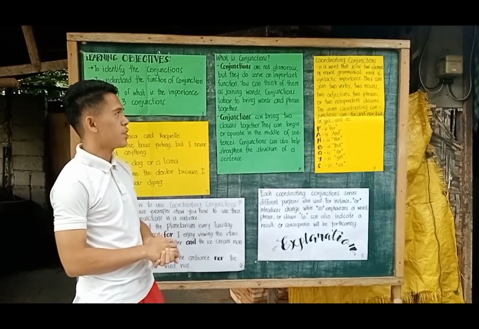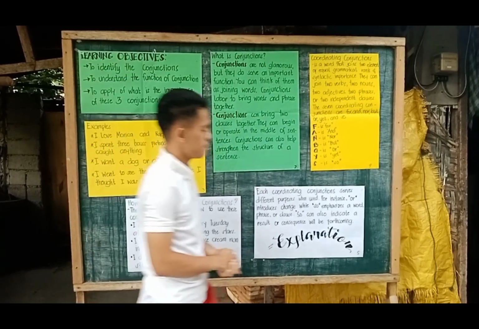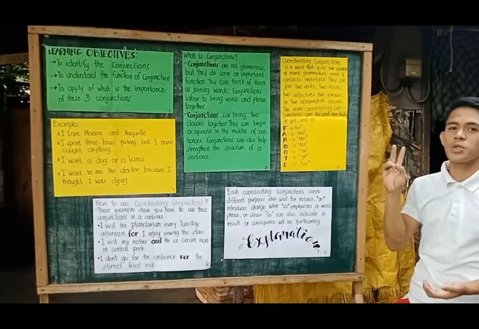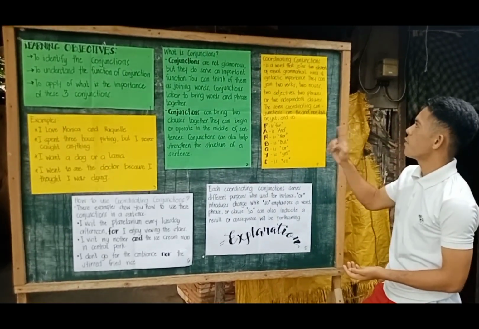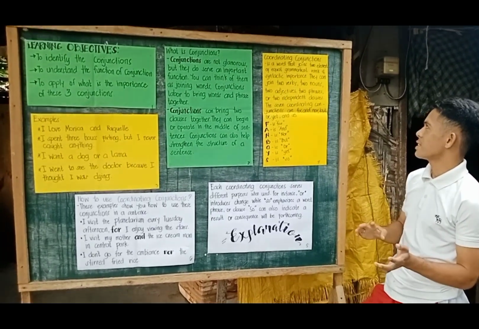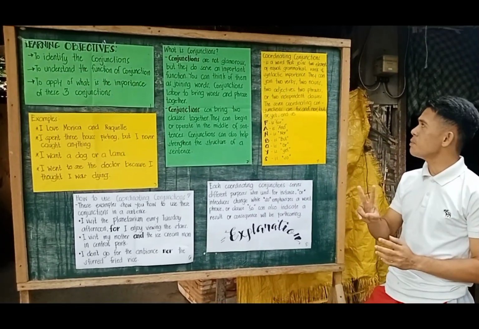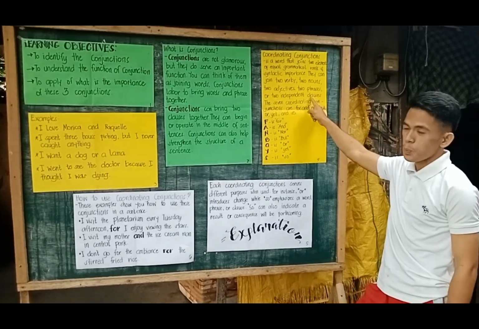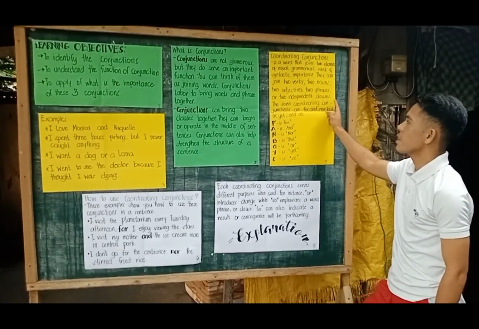So let's talk first about the coordinating conjunctions. A coordinating conjunction is a word that joins two elements of equal grammatical rank and syntactic importance. They can join two verbs, two nouns, two adjectives, two phrases, or two independent clauses.